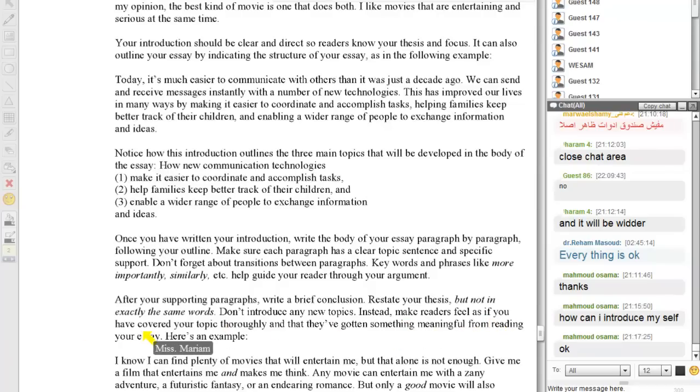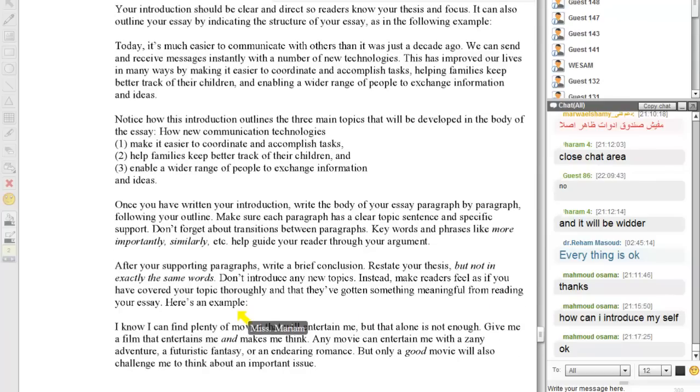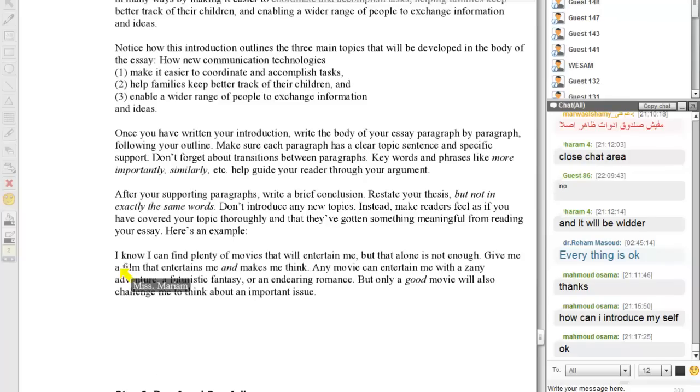Instead, make the reader feel as if you have covered your topic thoroughly and that they have gotten something meaningful from reading your essay. Here's an example. I know I can find plenty of movies that will entertain me, but that alone is not enough. Give me a film that entertains me and makes me think.